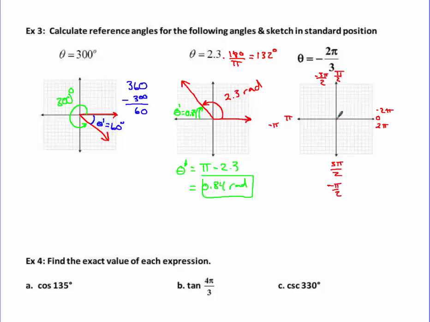So we start here at our initial side, and we want to go negative 2 pi over 3. Well, if we went negative 2 pi over 2, that would be all the way to here. But we're not going quite that far. We're going negative 2 pi over 3, which is a smaller amount.